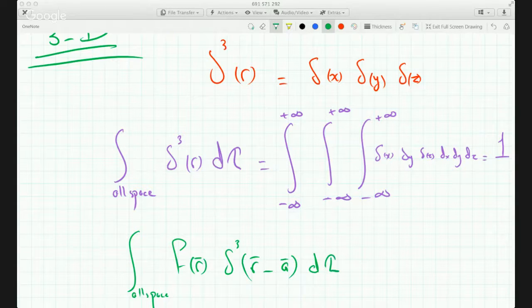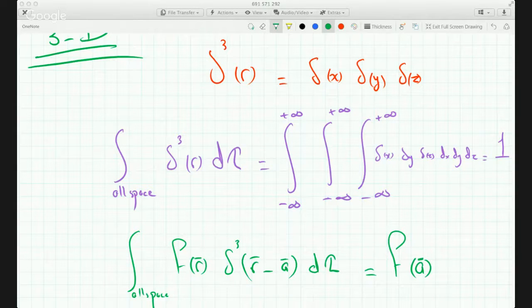We will use d tau as an elemental volume differential in this class. So this is equal to f of a. It will pick up the value at a. Everywhere else it will be 0.